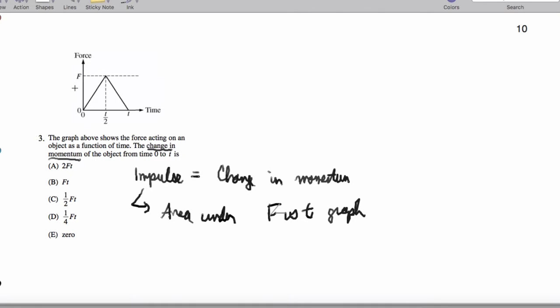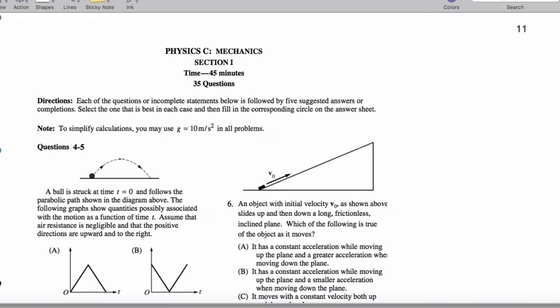So I'll go ahead and do that here. So that's going to be 1/2 of the base times the height, and that gives me 1/2 ft, which is C. Good for us. All right.